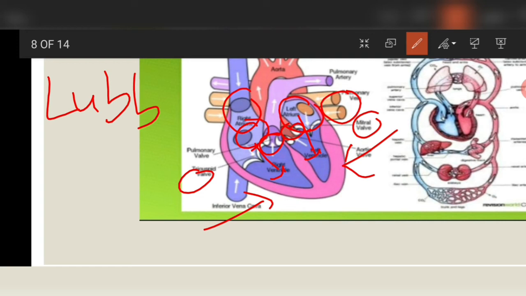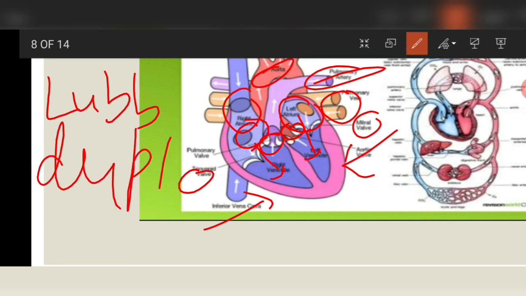From the left side it will rise in the aorta, and from the right side it will rise in the pulmonary artery. Pulmonary artery will do what? It will take the deoxygenated blood to the lungs for oxygenation, and aorta will supply the blood to the rest of the body. Then the semilunar valves will close, thus producing the second sound, that is the dup sound.